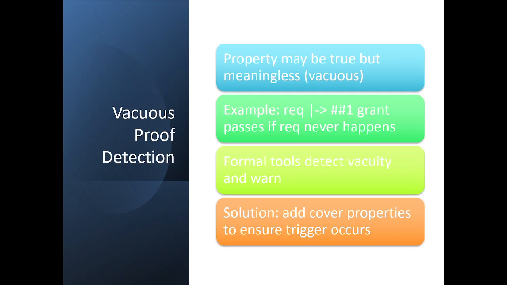When it comes to vacuous proof detection, a property might be proven true for the wrong reason. This is called a vacuous proof. For example, if an assertion checks a handshake but the handshake never occurs, the property is true but meaninglessly. Formal tools help detect such vacuous proofs so we can refine our assertions.